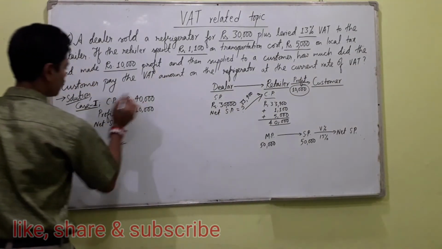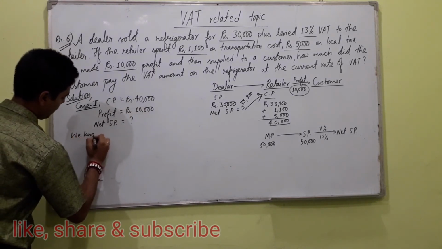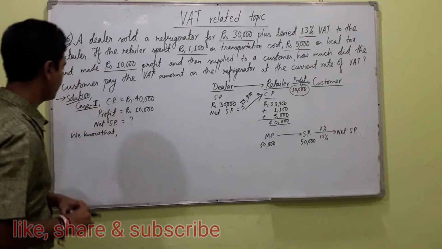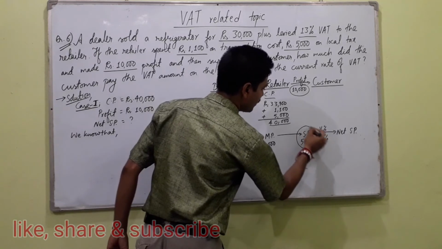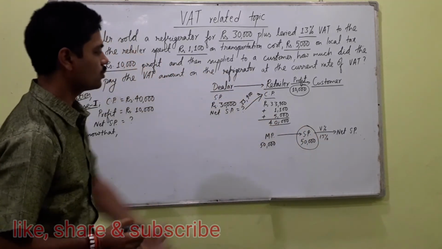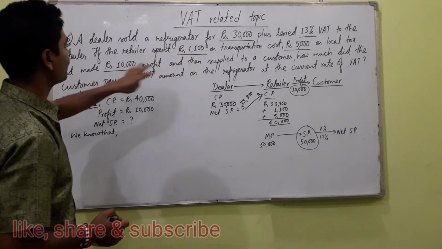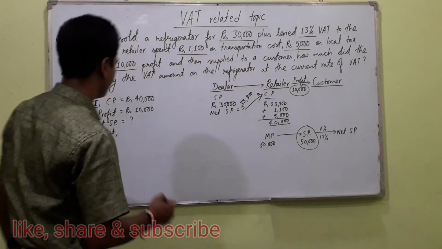So cost price is 40,000, profit is 10,000. We know that. What else do we need to find before net selling price? That is selling price. By making a timeline, I come to know the selling price is 50,000, and also the question hasn't given any discount. The customer hasn't got any discount from the retailer.